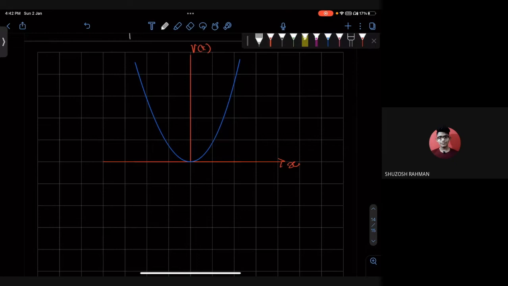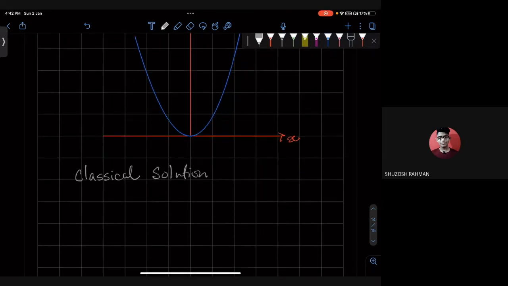So what is the classical solution? You can work out the equation of motion, and it's very easy to verify that the classical solution is x as a function of time equals some integration constant A, which is the amplitude of the oscillation, times cosine of omega t plus phi.